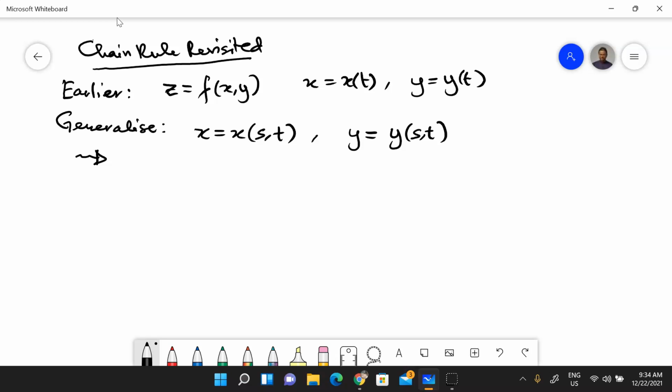So here earlier was calculate dz/dt. But over here, since there are two parameters, then what you really want to find is ∂z/∂s and ∂z/∂t. When I say d, I mean the partial, okay, because there are two different variables.